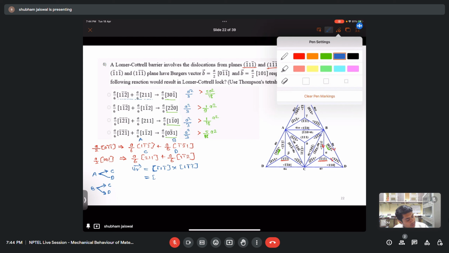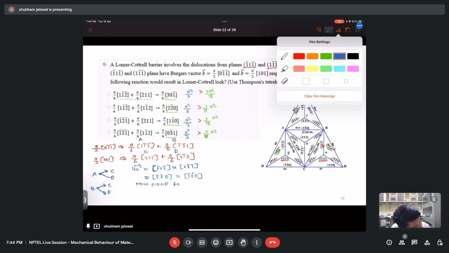It is coming out to be 2 bar 0, or we can write it as 1 bar 0. Is it not?